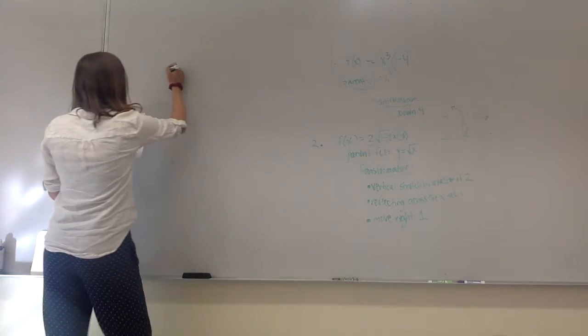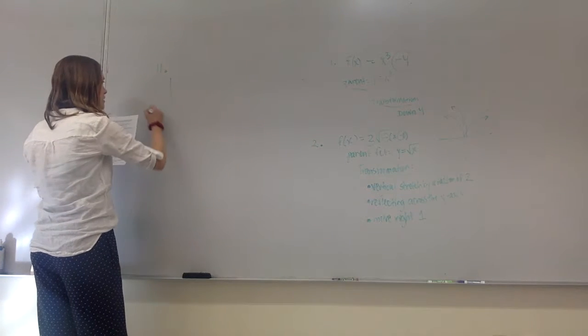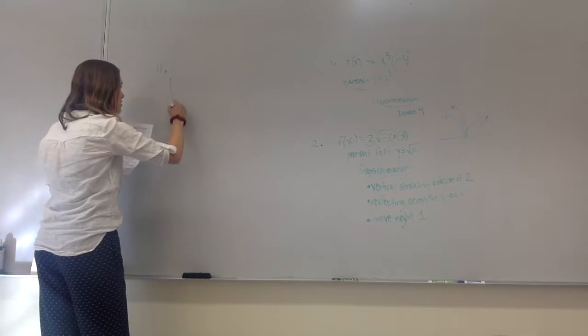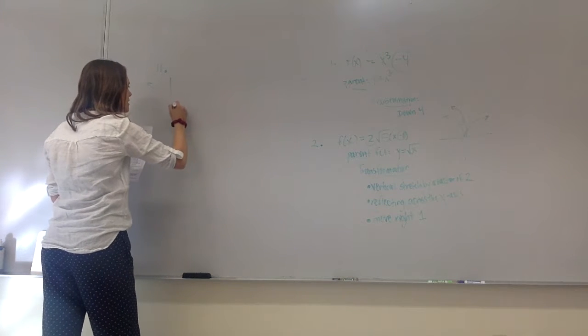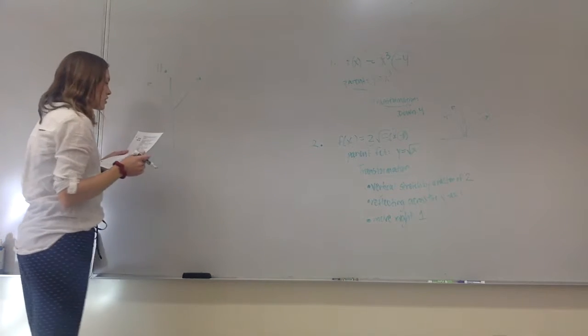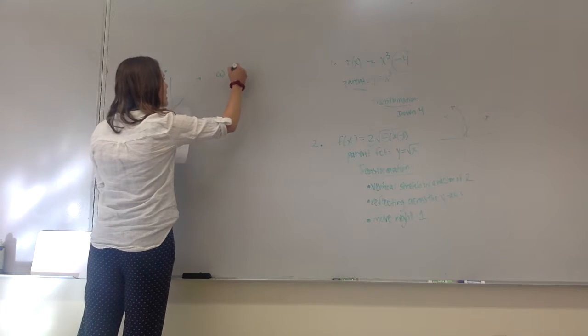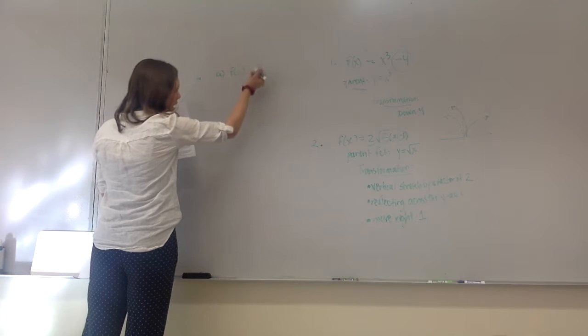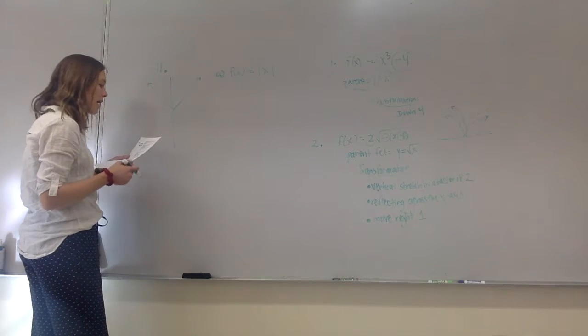And so in number 11, I'm given the graph of an absolute value function. So I'll make this a little bit less steep. So in A, my parent function is f of x, or well, you can write y. f of x equals the absolute value of x.